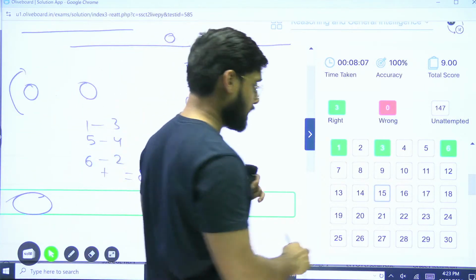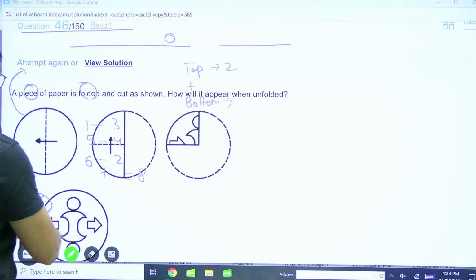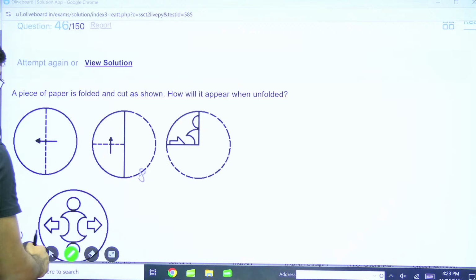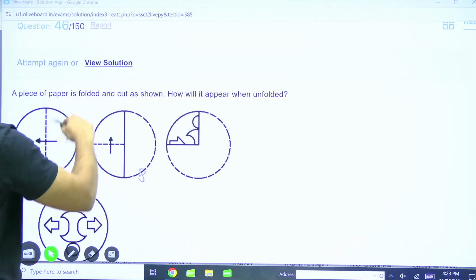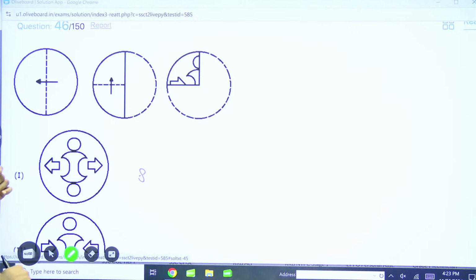Okay. Let's move on to the 16th question. This question is from the non-verbal reasoning of paper folding and cutting. Let's see what should be the right answer.